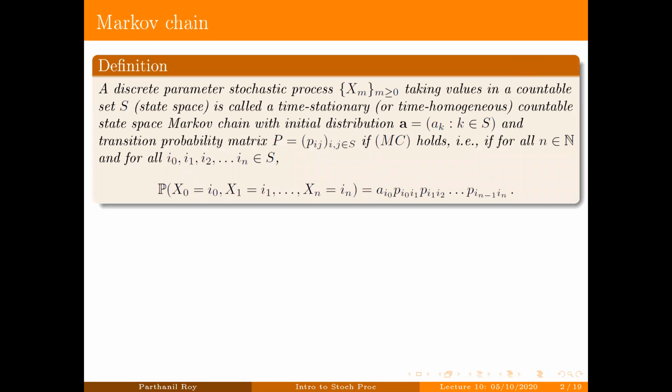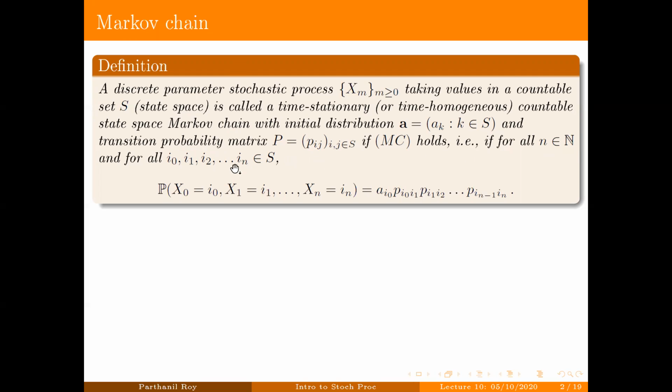Just quickly recall, a discrete parameter stochastic process Xn taking values in a countable state space S is called a time stationary or time homogeneous countable state space Markov chain with initial distribution A and transition probability matrix P if MC holds.